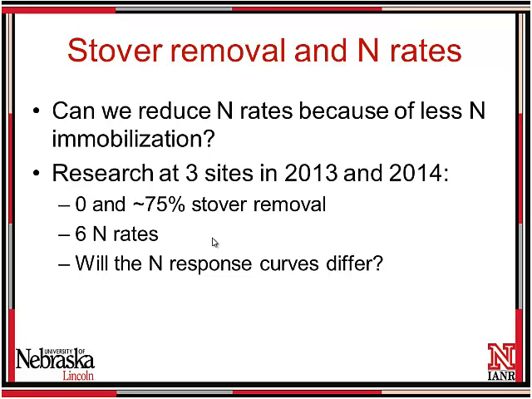But we're looking at it, and we just started last year with 3 sites in eastern Nebraska, and we're comparing no removal with 75% removed. Then we have 6 N rates with each of these to determine the response function. And so that's our objective, is to determine, is the nitrogen response curve different for removal versus no removal?